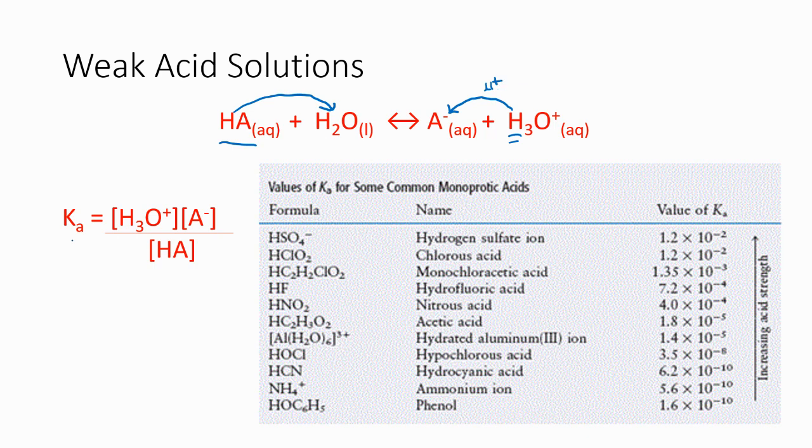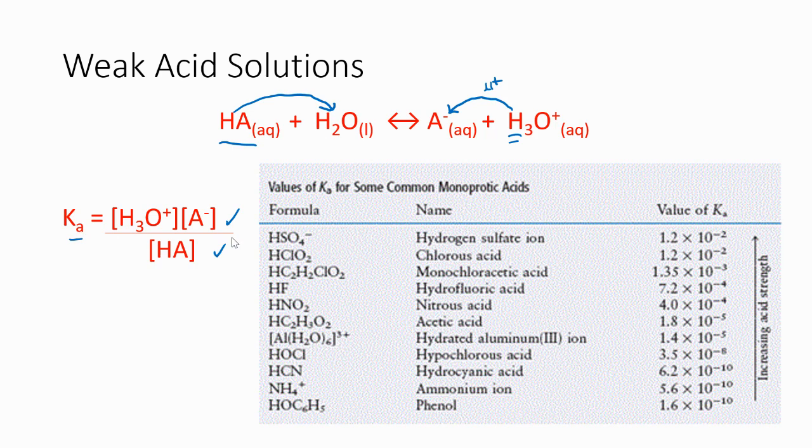Number one, we call this Ka because we're referring to acids, but it's just like any other equilibrium expression. We still have products written over reactants, and we're leaving out things that aren't aqueous or gases. In this case, we leave out water because it's a pure liquid.